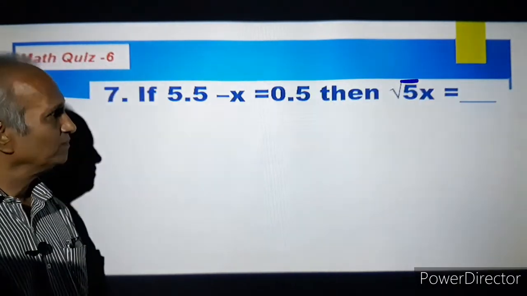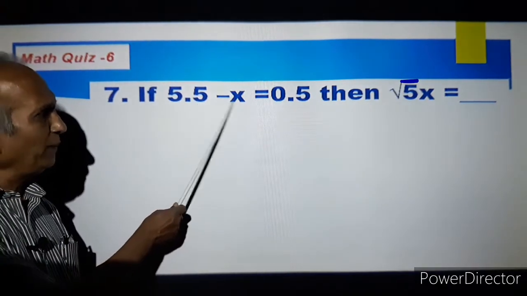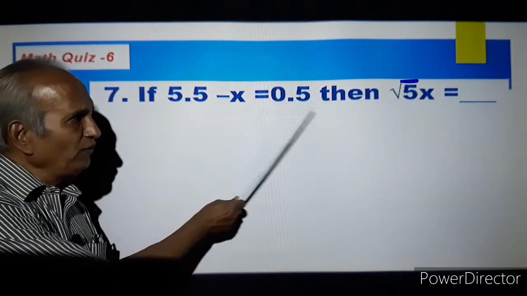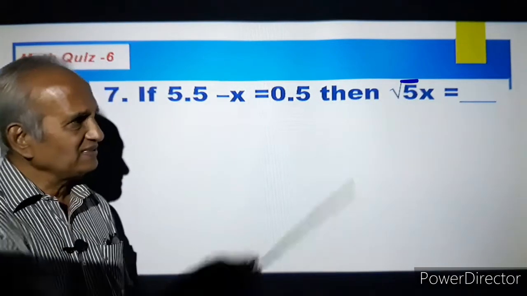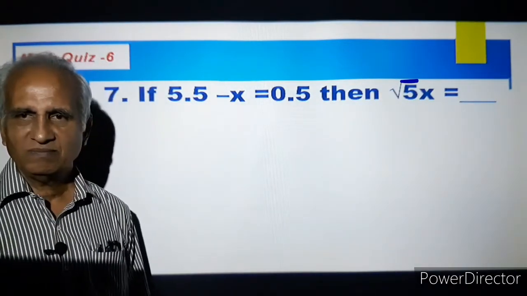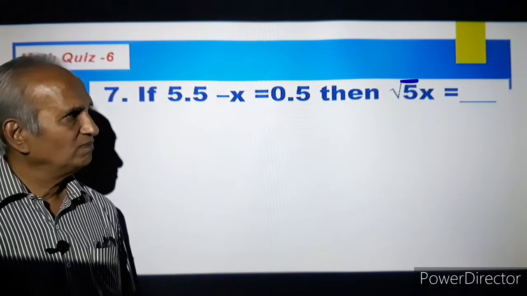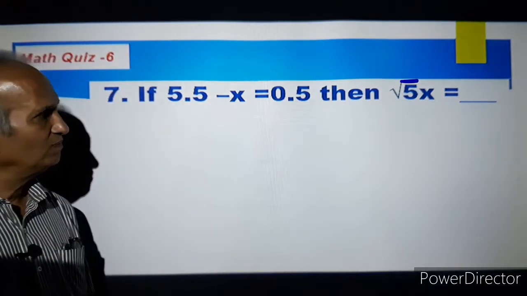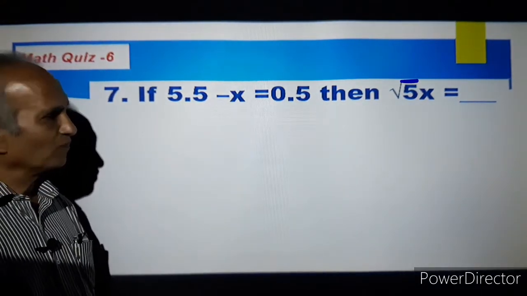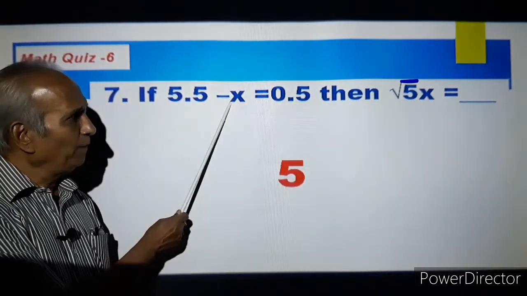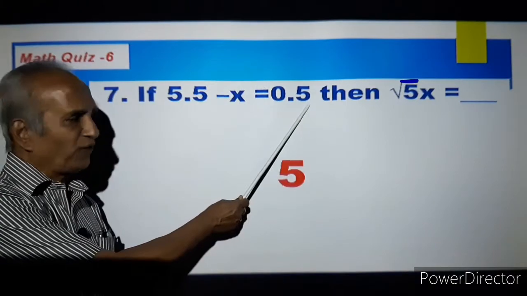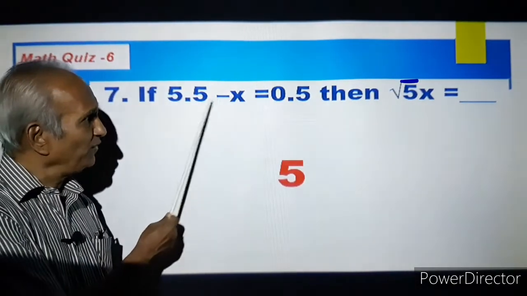Next. If 5.5 minus x is 0.5, then root of 5x is... Look here, 5.5 minus x is 0.5. Let's bring 0.5 this side.